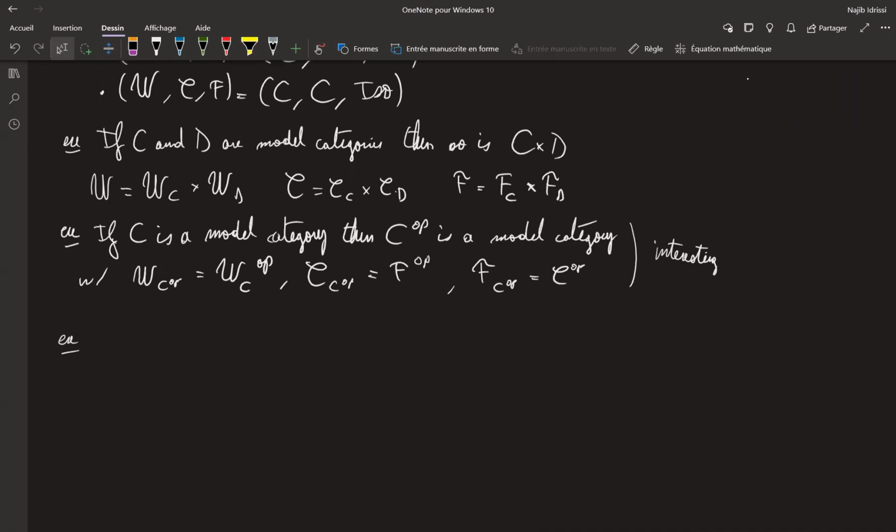All right, so now let's move on to more interesting examples, I guess. So the first one is due to Quillen, and it was pretty much the first example of model categories. So the category of topological spaces, well, I have to be honest, I am lying a little bit. You should not take all topological spaces.